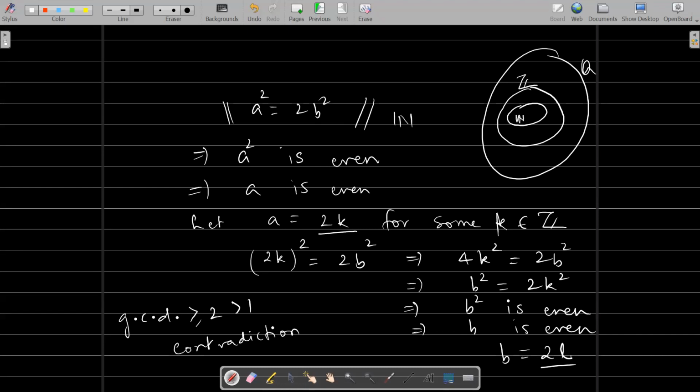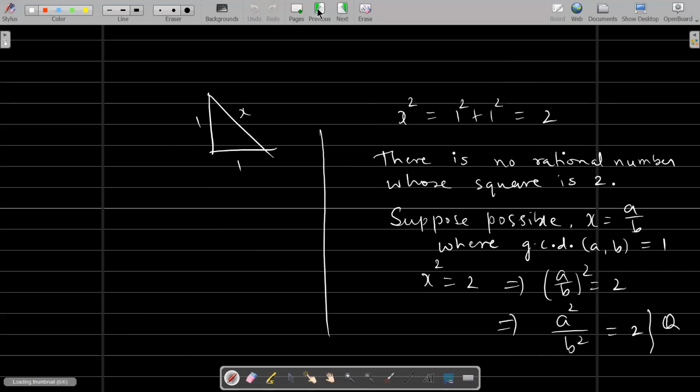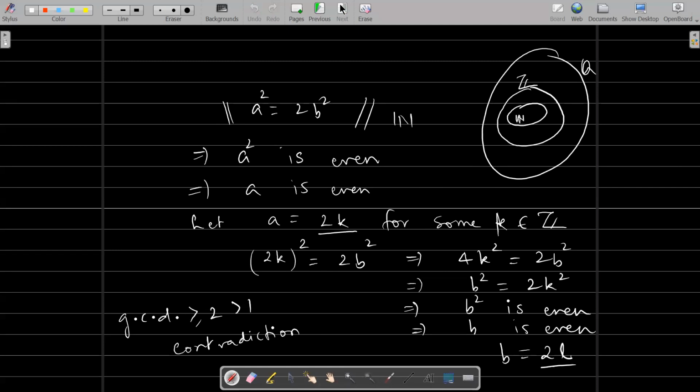So square root of 2 must be irrational. We assumed that, supposing it possible, root 2 is rational. That was the assumption. Assuming that root 2 is rational, it can be expressed as a by b, right? We got a contradiction. We got something wrong, right? And why did we get it wrong? Because our assumption is wrong.